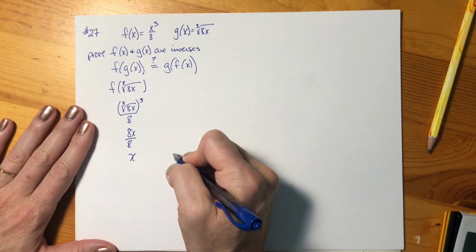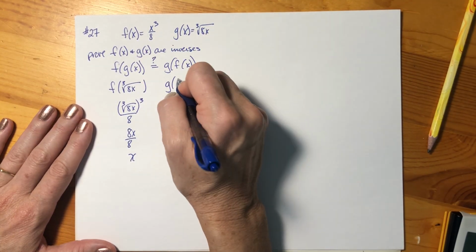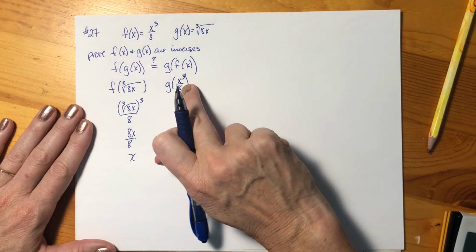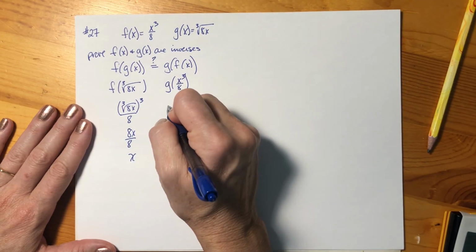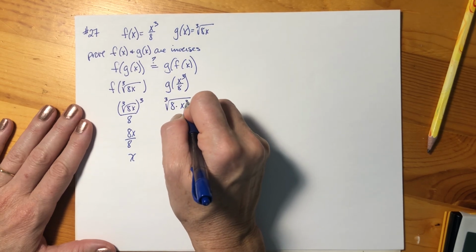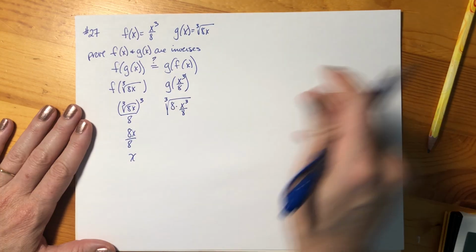All right, now let's work with this other side. g of f of x. So I have g of f of x, and f of x is x to the third over 8. Now I'm going to take that x to the third over 8 and put it into the g function. So that would be the cube root of 8 times x to the third over 8. Look at how nice it is.